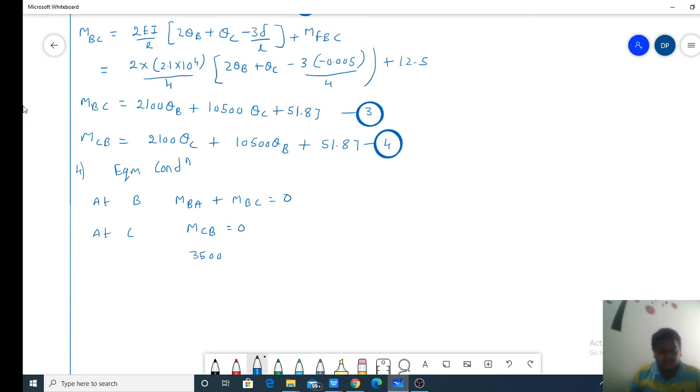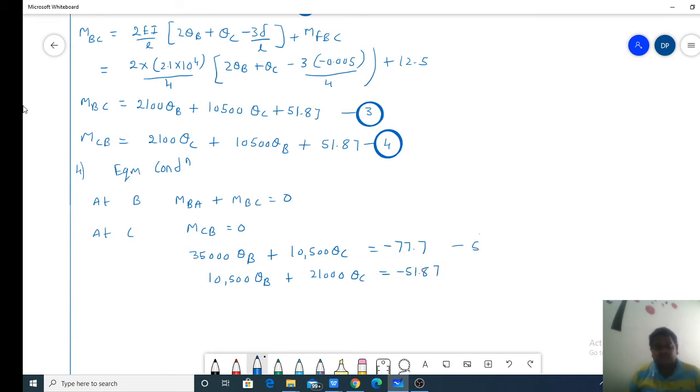35,000 theta B plus 10,500 theta C is equal to minus 77.7, right? And then 10,500 theta B plus 21,000 theta C comes out to be minus 51.87.